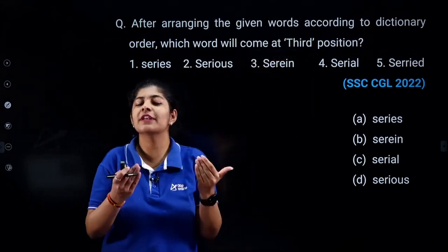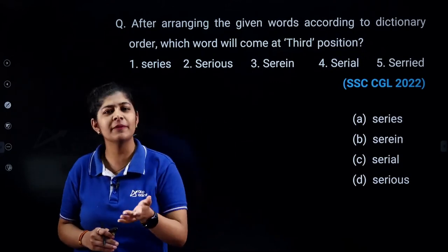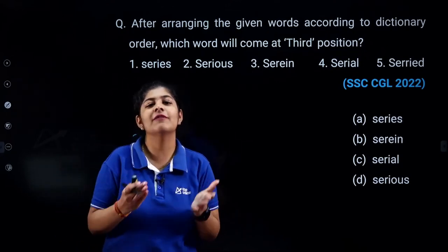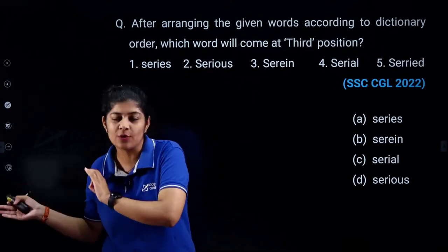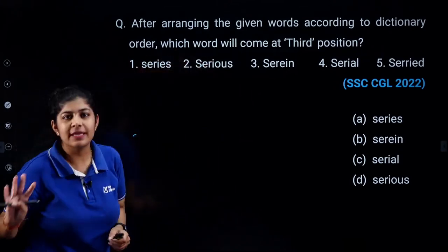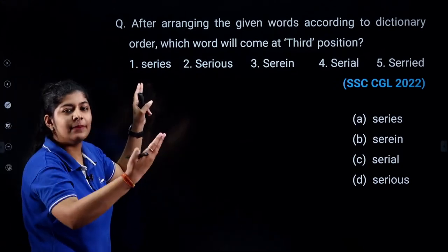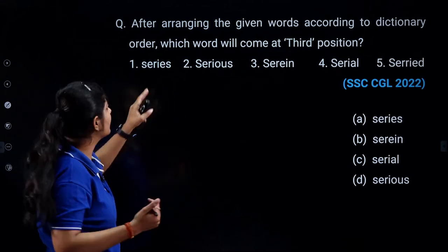All we need to do is arrange all these 5 words according to the English alphabet, and we all know the alphabet, that is A, B, C, D and so on, till Z. All the words start with S.